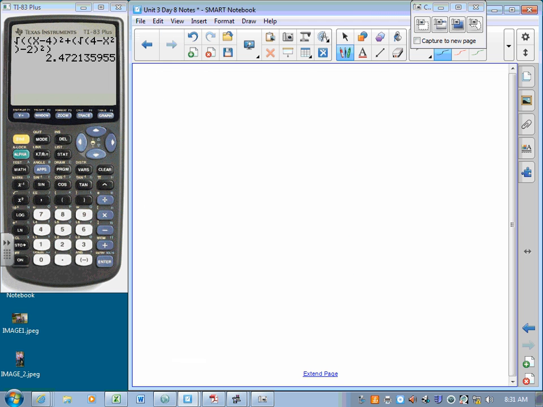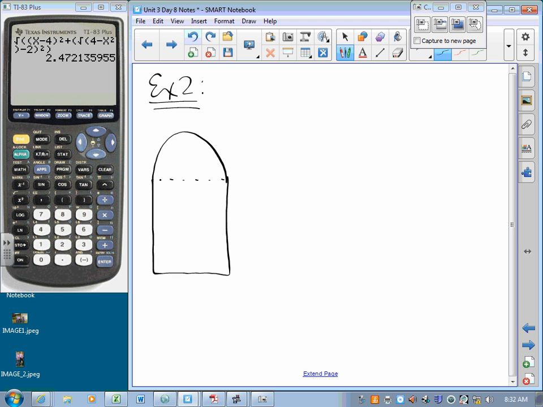In this particular case, I've got a farmer. Oh, that is a terrible rectangle. I've got a farmer, and the farmer is going to build a corral. And the farmer is going to build the corral with 500 meters of fencing.